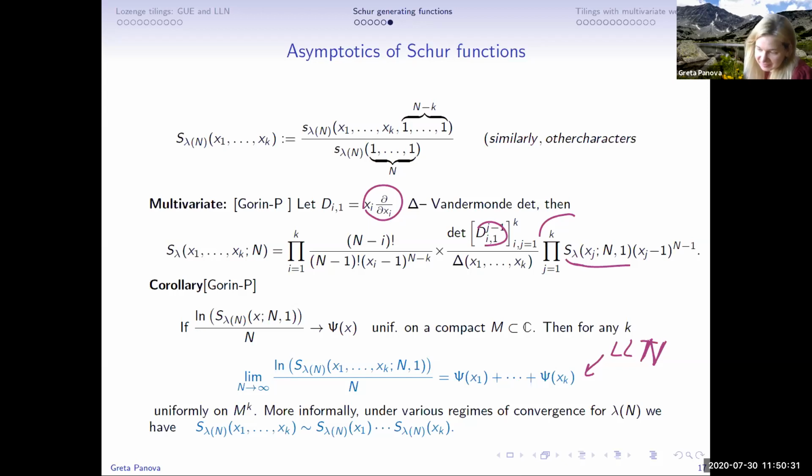Okay, so this is how the asymptotics looks like. I must say here that John Novak later also obtained these asymptotic results in greater generality.